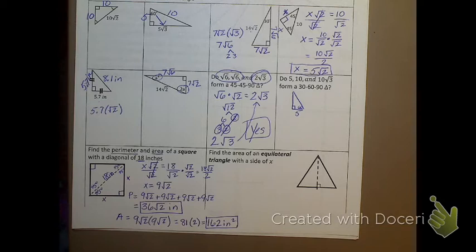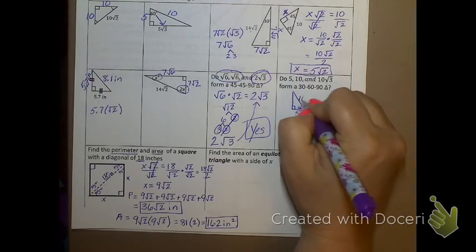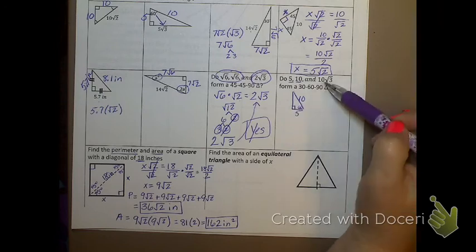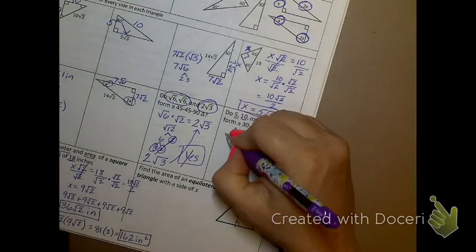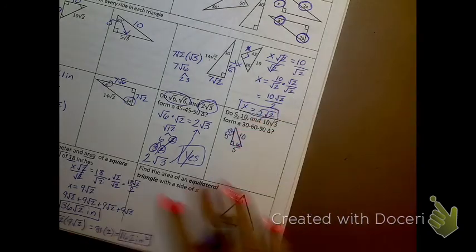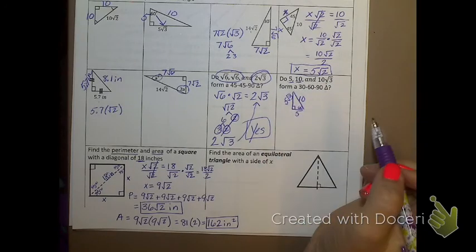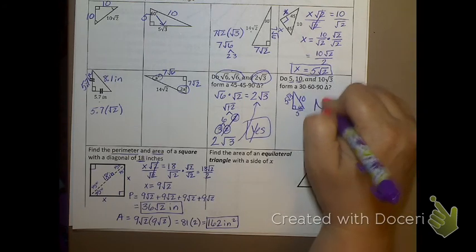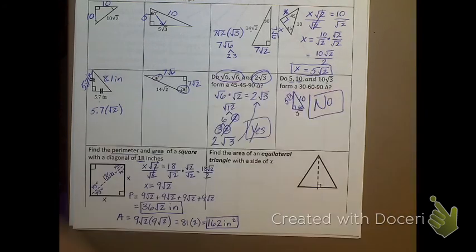So let's think about this for a minute. If the short leg is 5, what's the hypotenuse? 10. So those two are reasonable. Would the long leg be 10 radical 3? No. What would it be? It would be 5 radical 3. So can these three measurements be a 30, 60, 90 triangle? No.